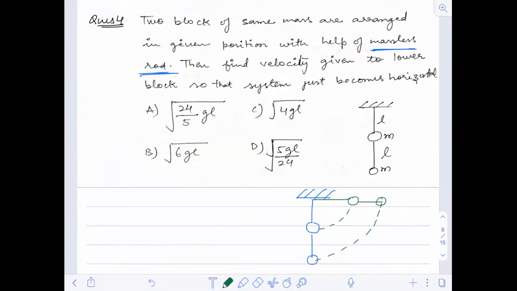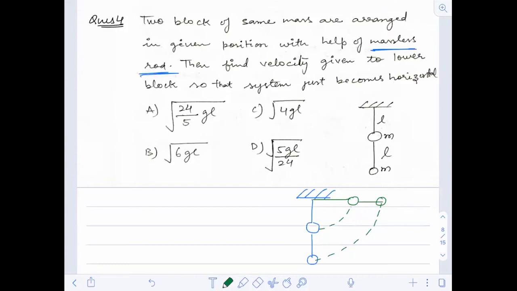Okay. Both have mass m and the length of both the rods is L. This is a very easy question.